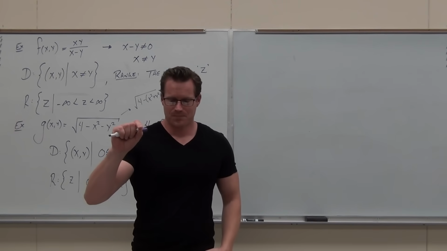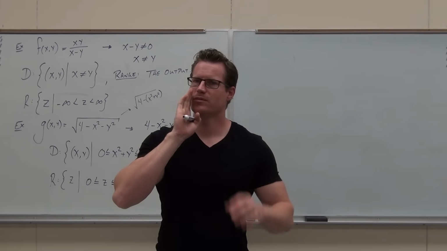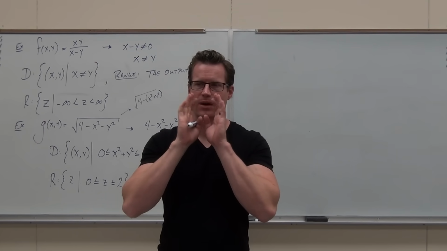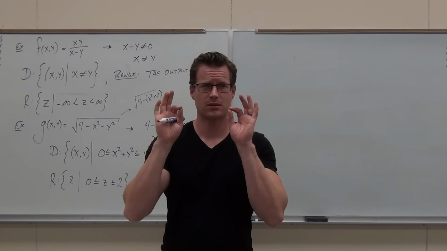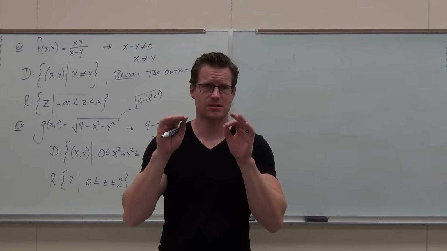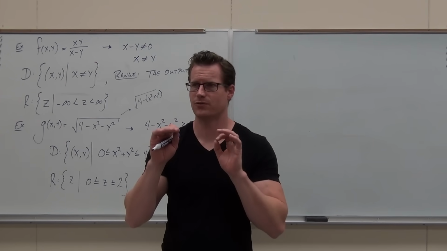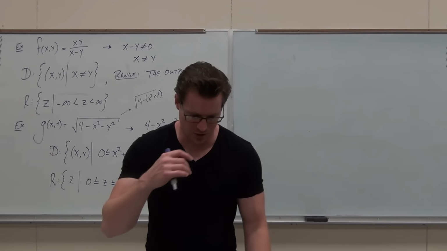Just remember this. To graph the domain, if you have one independent variable, how many dimensions? For 2 independent variables, you need an axis for each independent variable. You need a dimension for each independent variable.